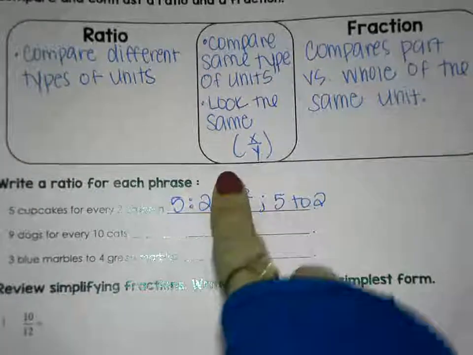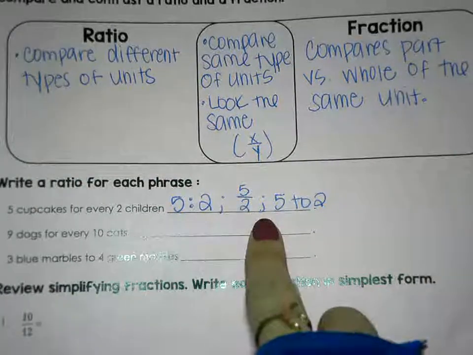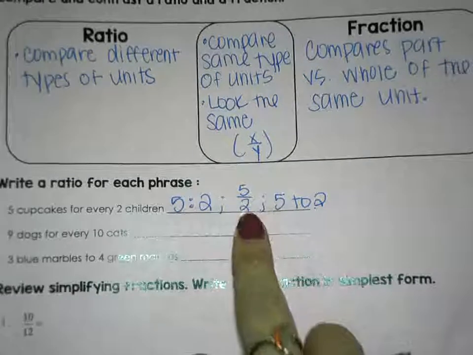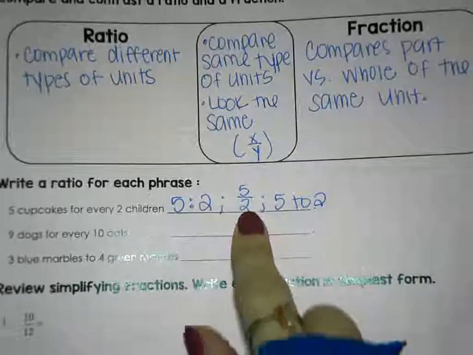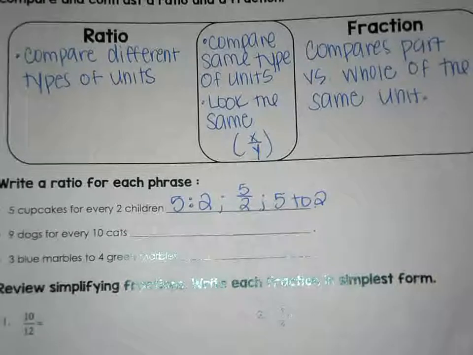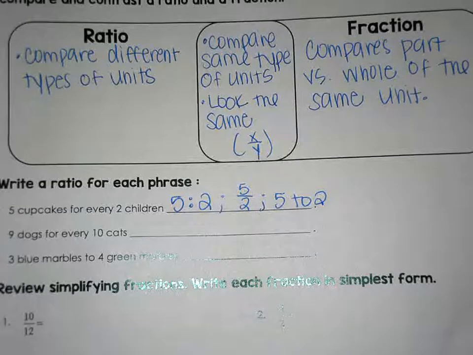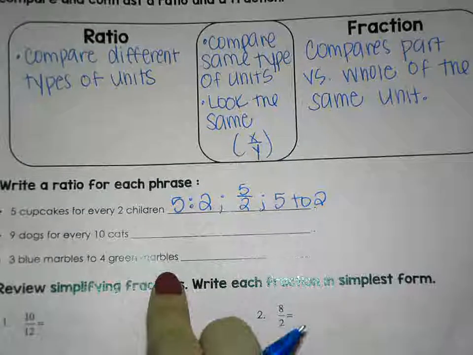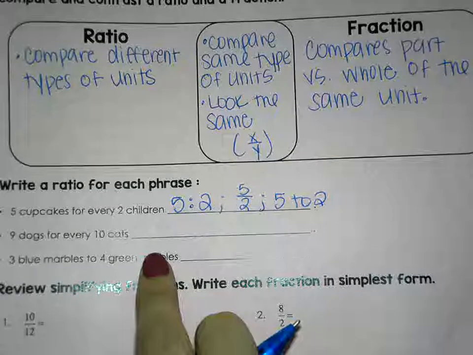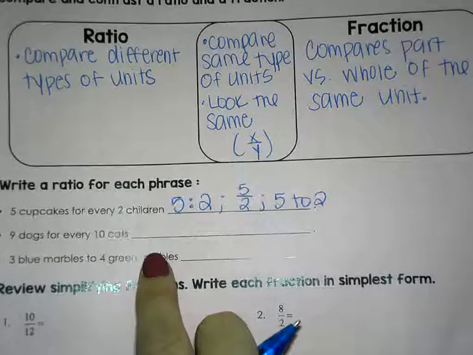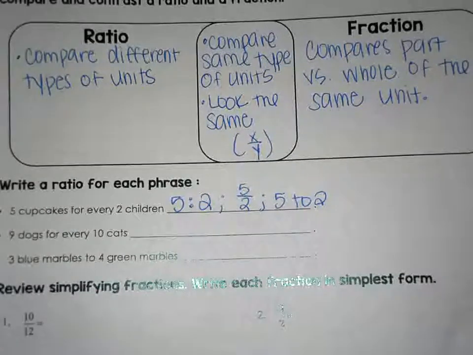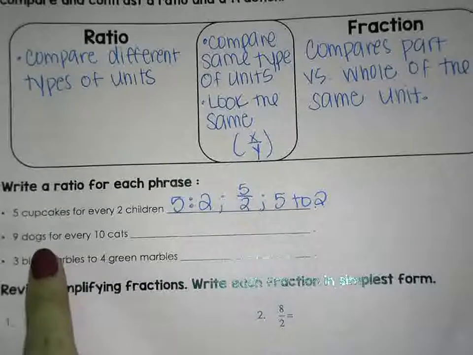But within the ratio, it has to be 5 first and 2 second. If I did 2 to 5, that would be wrong. In fractions, if there's a first number and a second number, do you put the first number on top? Correct, yes. The first number will always go on top, the second number will always go on the bottom. Great question.